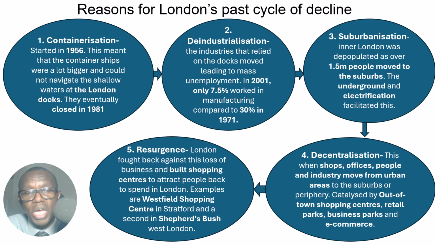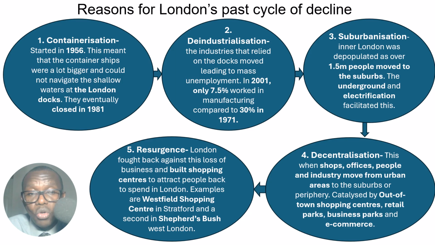So we are going to start off with containerization, and containerization started in 1956. Now, with the arrival of containers, it meant that the container ships were a lot bigger, and as a result of this, they could not navigate the shallow waters at the London docks. That meant that these London docks eventually closed in 1981.